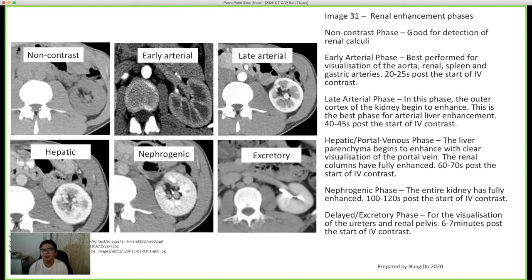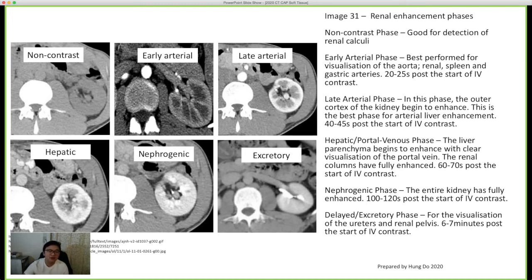It's a pretty universal time, and it's good for things like HCCs, it's good for things like RCCs, and anything that's really hypervascular. The hepatic phase, or commonly called the portal venous phase, is when we don't have as much contrast in the arterial system.